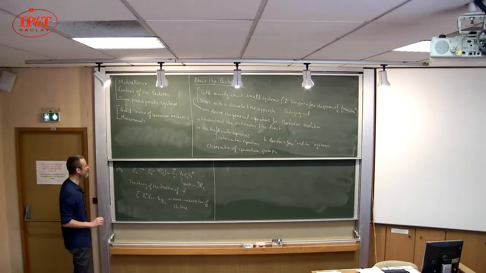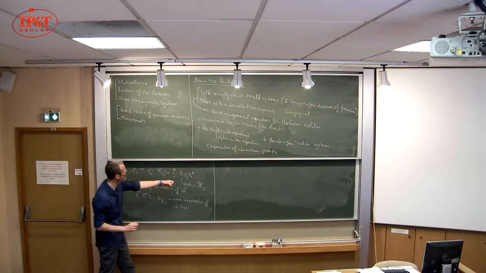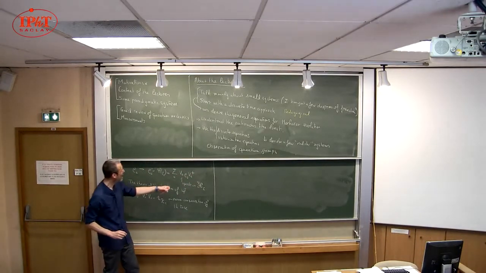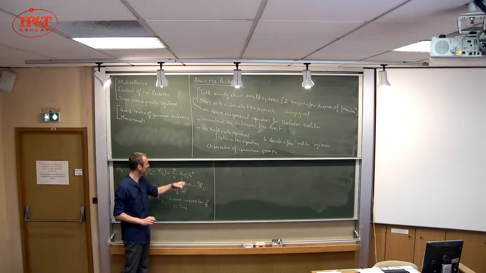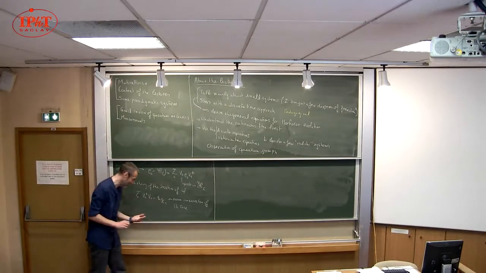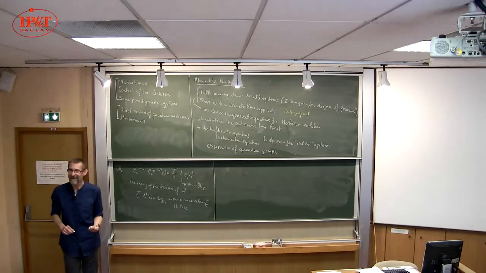It's easy to see if you compute the trace and use cyclicity, so this is why the V dagger is on the other side this time. And if this is to conserve the trace for every density matrix, then this has to be the identity operator. But what is the physical meaning of this VA?